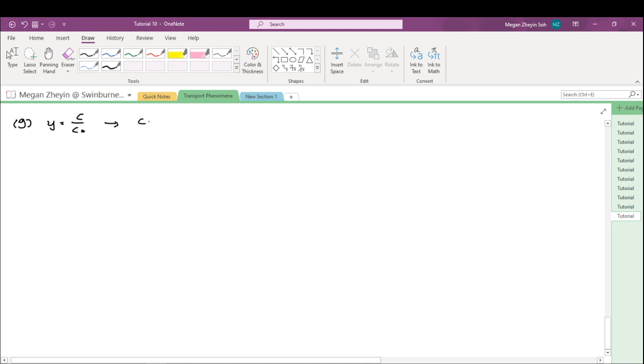Therefore, c is equal to c0 y, and dc/dy is c0. And we are given that x is equal to z over L. Therefore, z is equal to Lx, so dz/dx is equal to L.